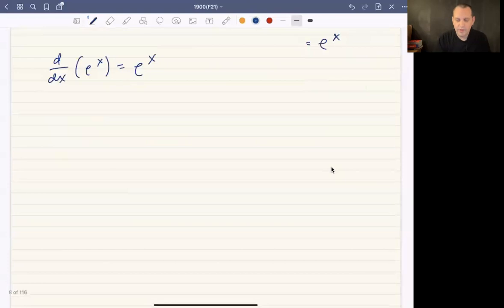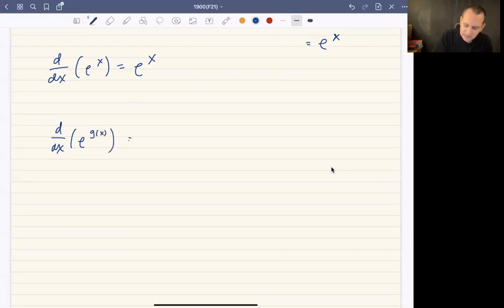And with that, what we can do is we can also talk about the chain rule. So if you were to have the derivative of e to a function of x, say e to the g of x, the derivative is going to be that same thing, e to the g of x times the derivative of the exponent. So that's what the chain rule looks like in this case.